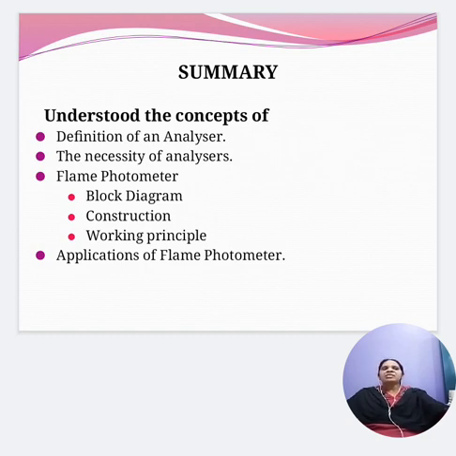Coming to the next system after the emission system, the optical system is used for wavelength selection. You use either filters or monochromators. The most commonly used filter is the interference filter, and the most commonly used monochromator is the prism.